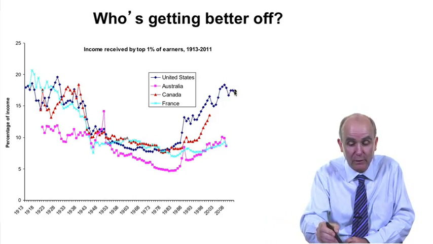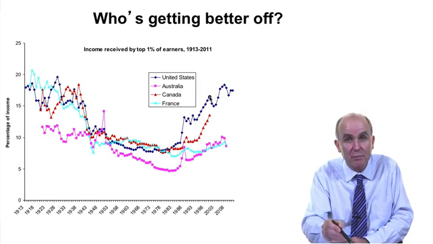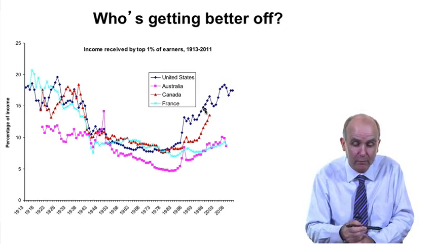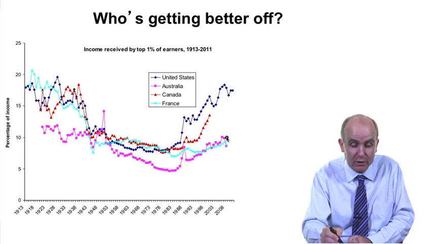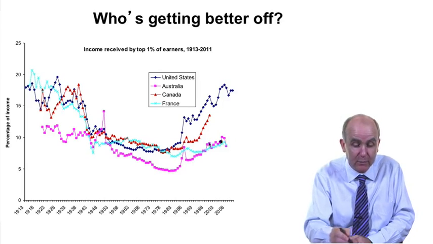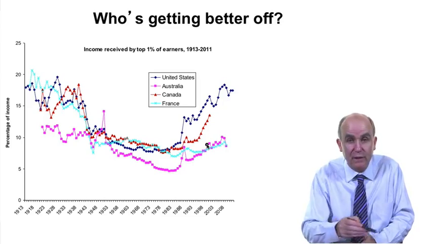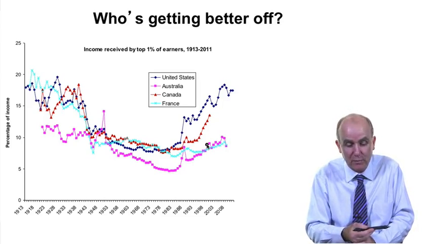So by the end of the data period in the 2000s, you can see in the United States the top 1% of earners were earning almost 20% of income. In countries like France and Australia, it was still 10% of income being earned by the top 1%.